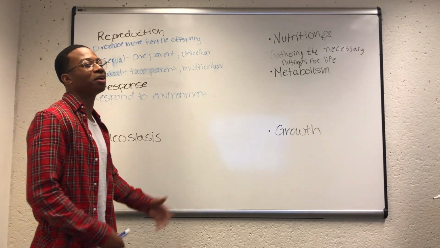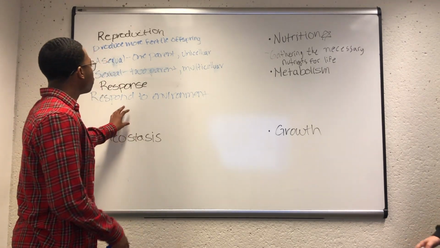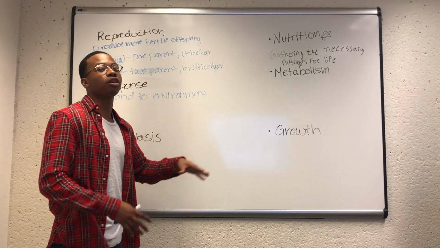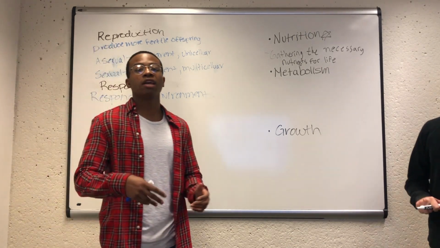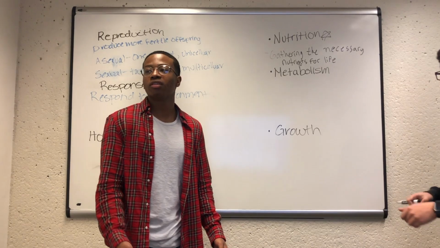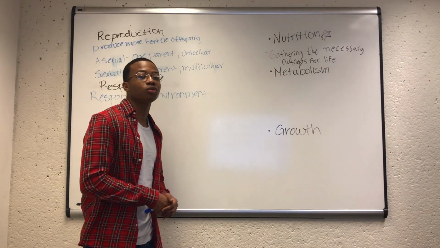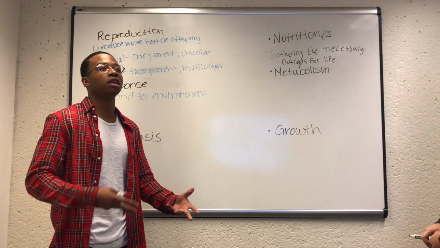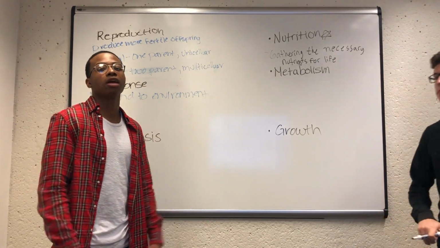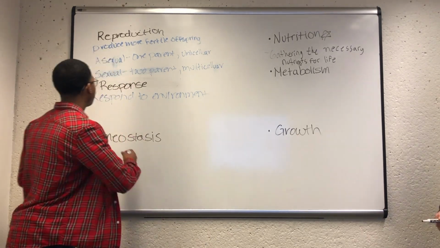If your body doesn't make the necessary changes to maintain homeostasis, then your body tends to get out of whack and you won't survive long. So let me put the examples in here.